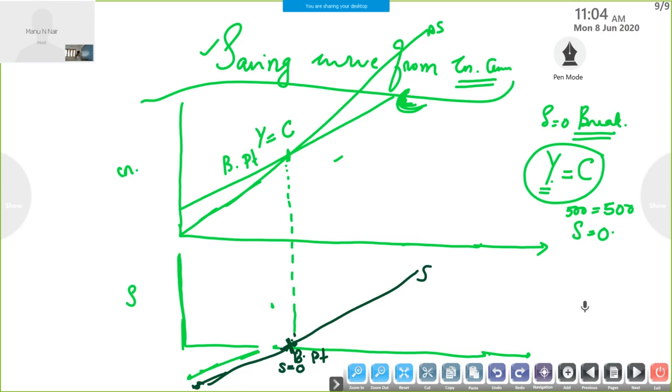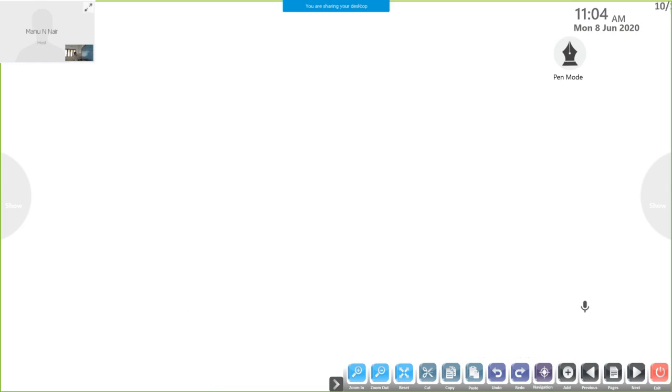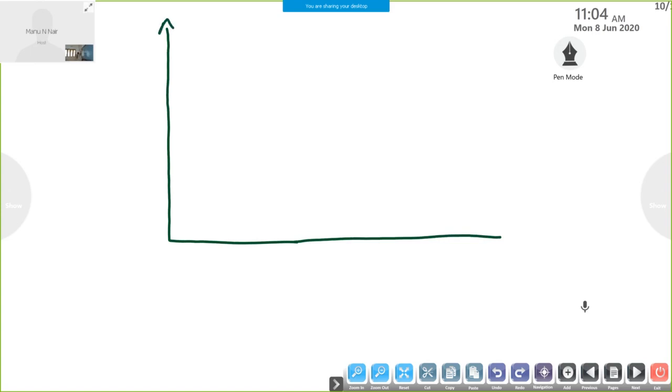So once more, listen, derive the saving curve. Now I am going to do it in the same panel, not separately. First you should think about y is equal to c. From there we are getting s is equal to 0, or the break even point.